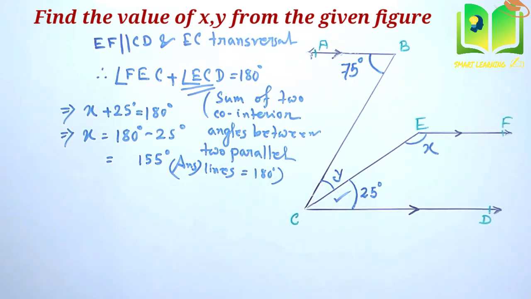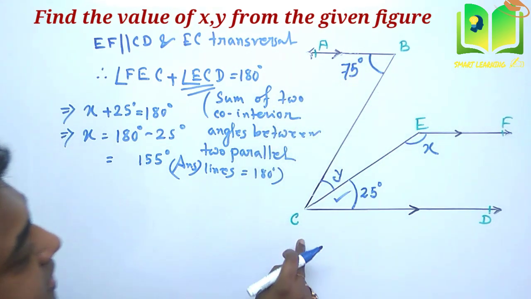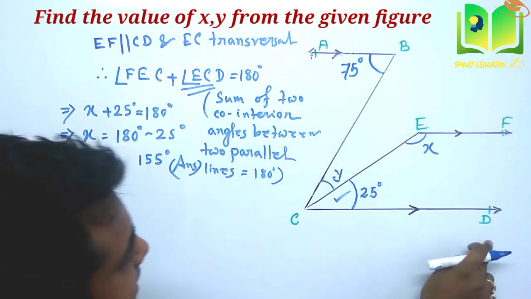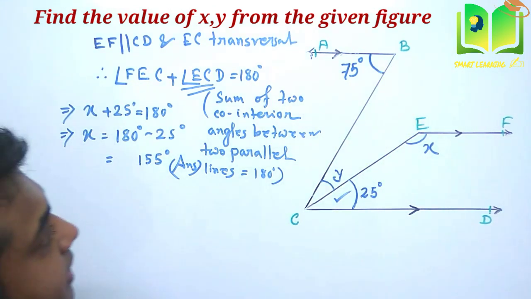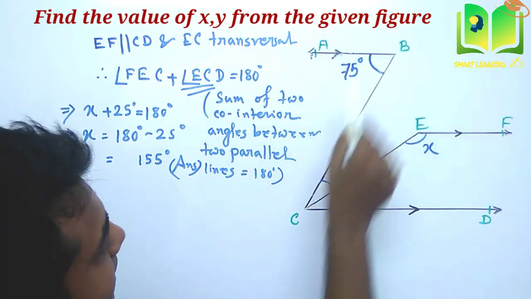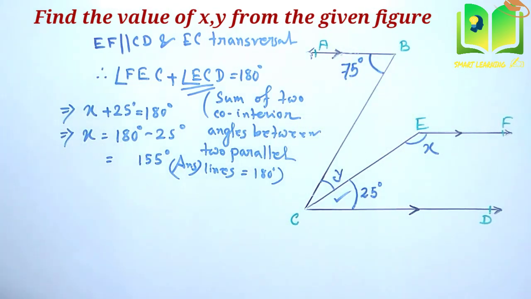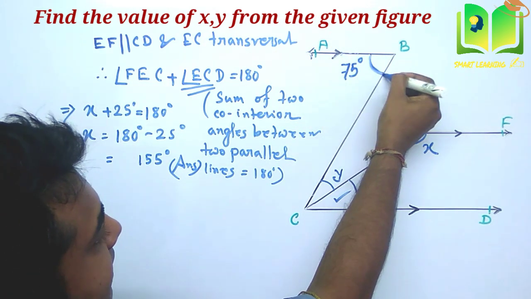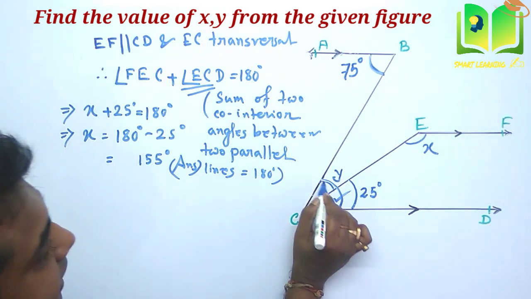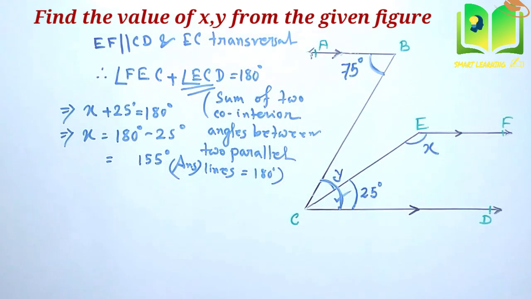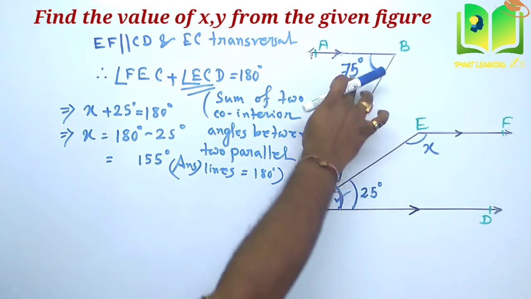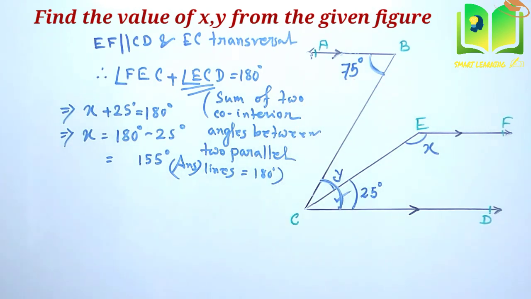You can see the angles ABC and BCD are between parallel lines. Why? See, AB and CD are parallel. So this angle and this angle are actually alternate angles. So from there we can say that y plus 25 together equals 75 degree because they are alternate angles.